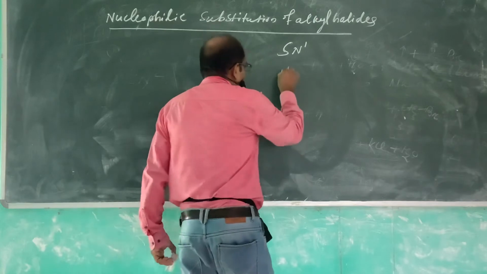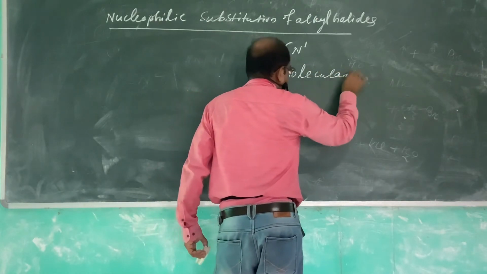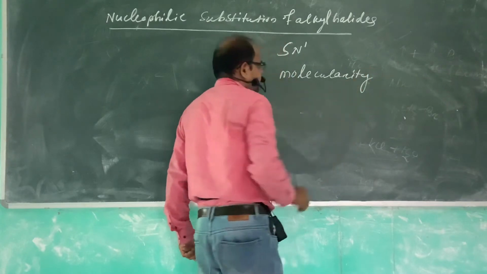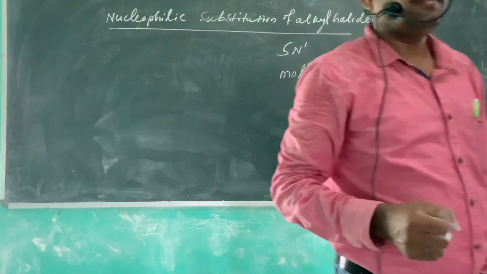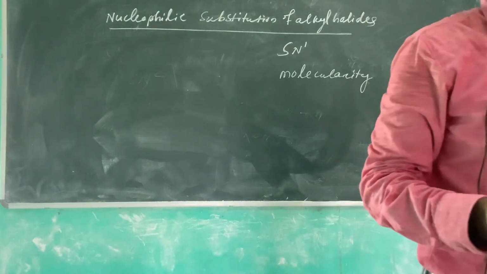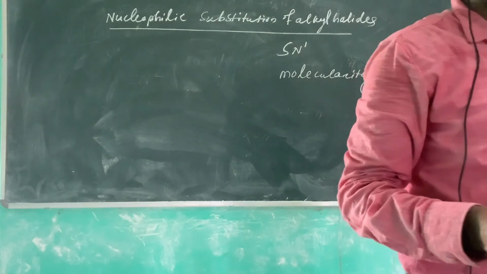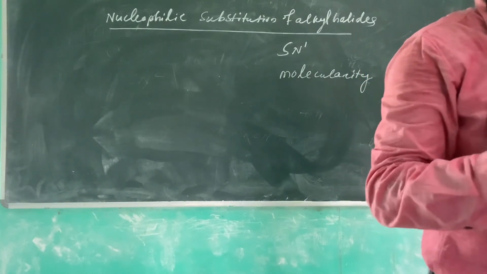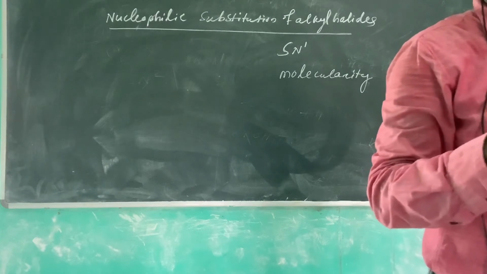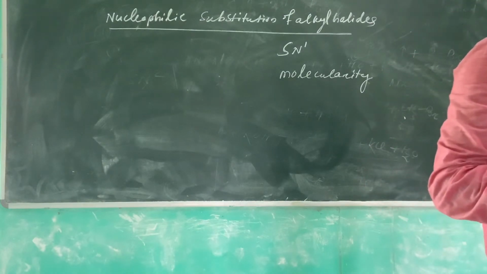The term molecularity means the number of species that collide simultaneously to bring about a single step chemical reaction. It means the number of species participating in a single step chemical reaction is called the molecularity of that reaction.